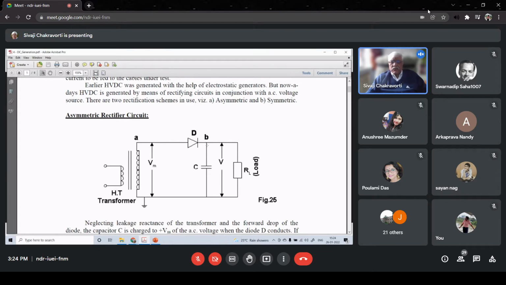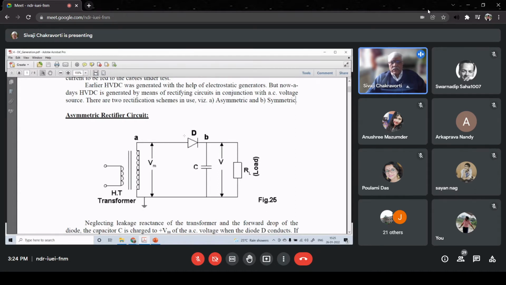But that is only for the no load condition. What happens in the load condition? Because load means here, please remember, it is the test object which we are testing. So resistance RL, although it is not small, is still there in the circuit.